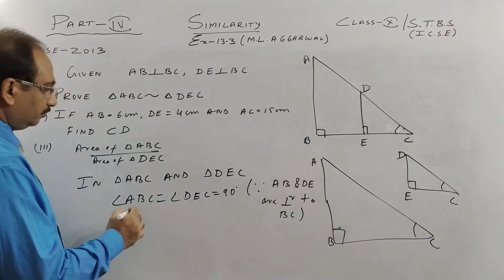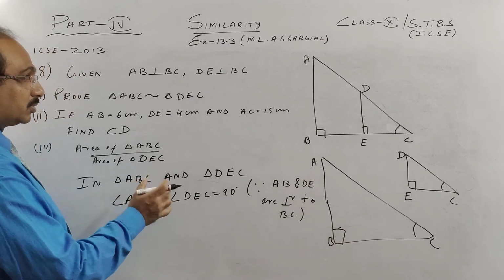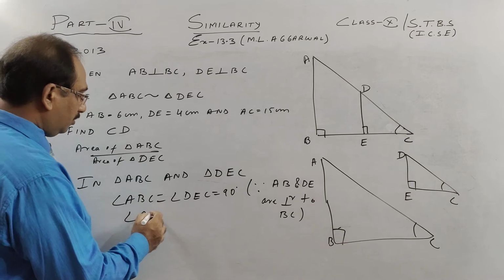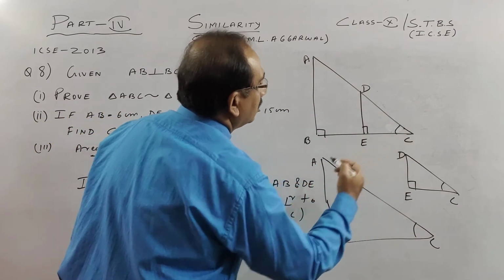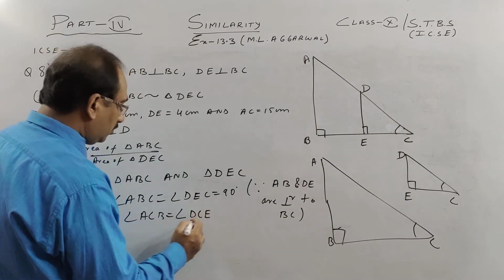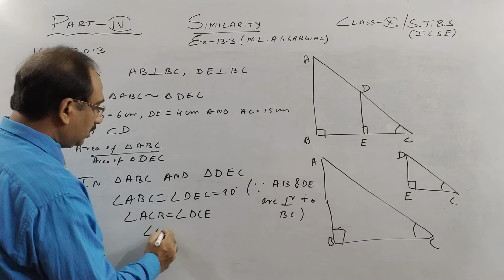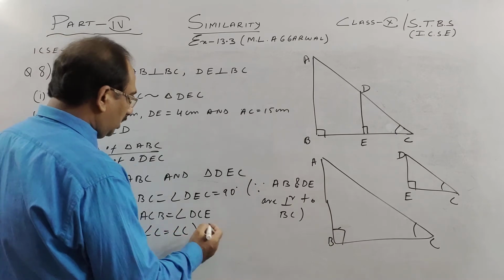So we are going from the big to the small triangle. Angle ACB in the big triangle is equal to angle DCE. I told you some children and some teachers directly say angle C is equal to angle C, common angle.